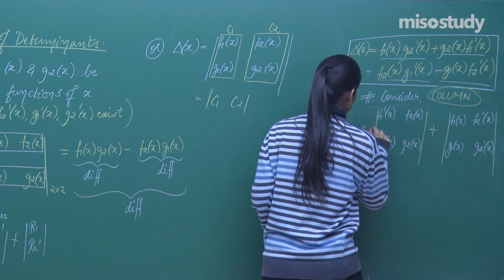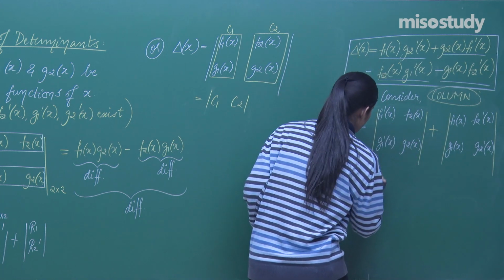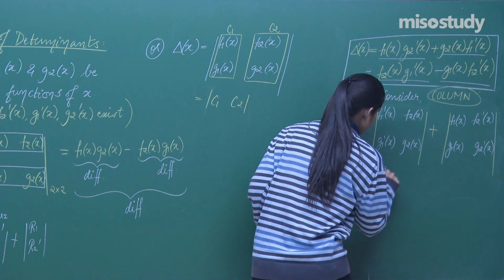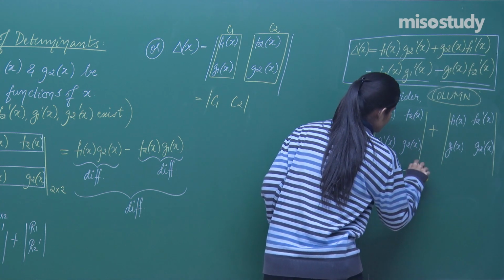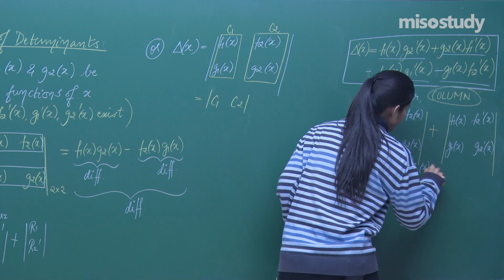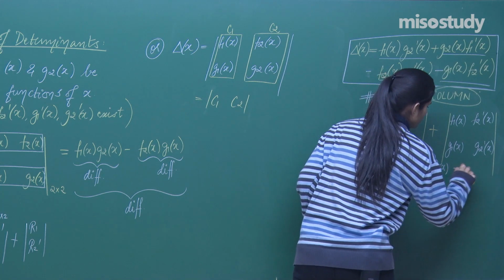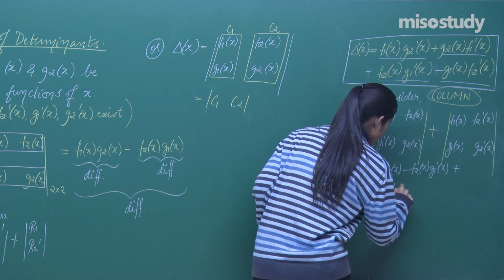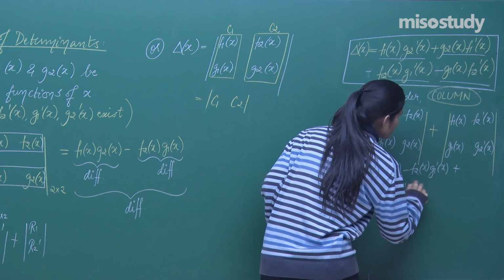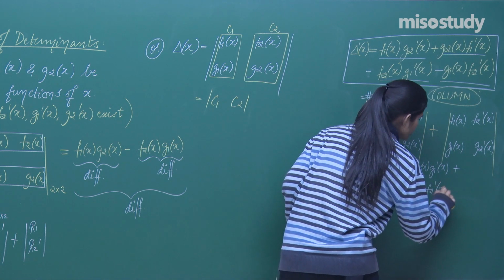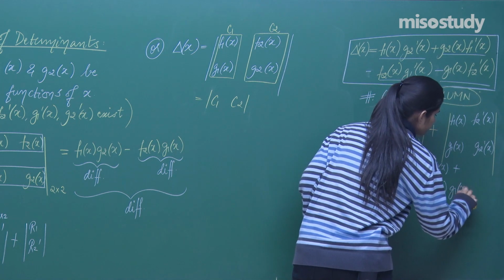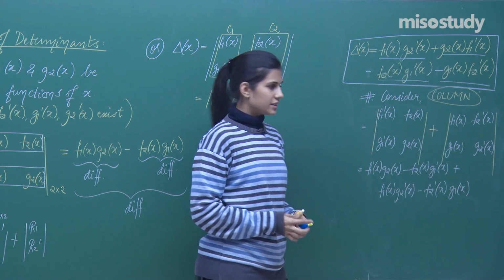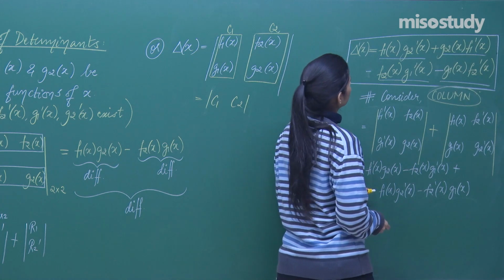Now you try to evaluate this. This is f1 dash g2 minus f2 g1 dash plus f1 g2 dash minus f2 dash g1. Try to see this, f1 dash g2.